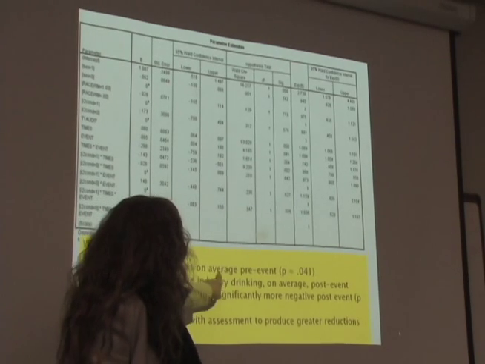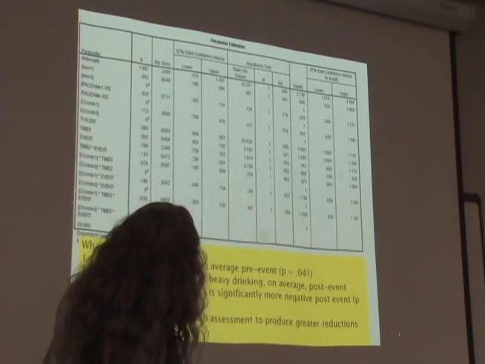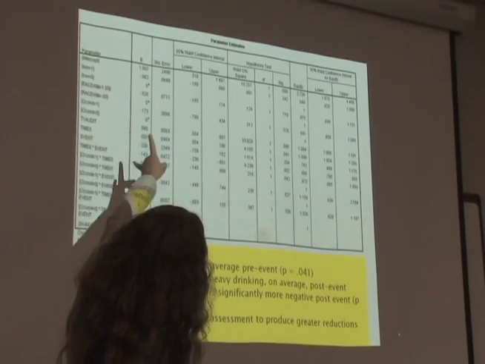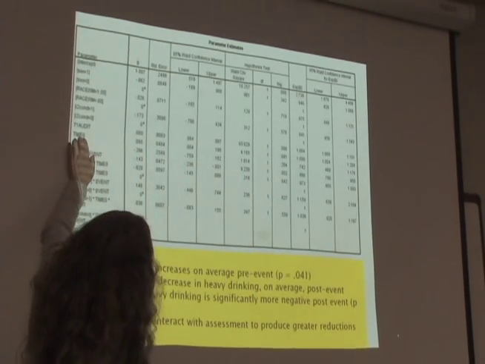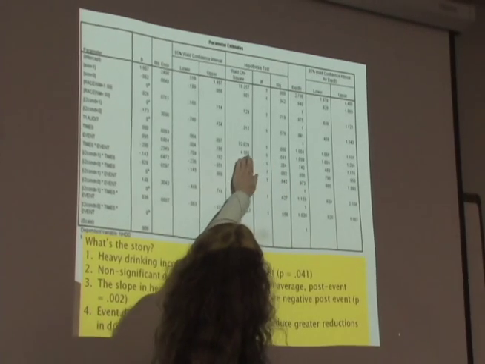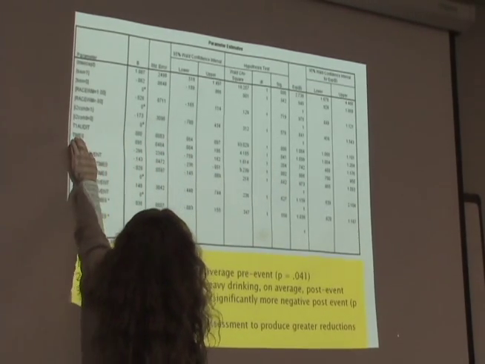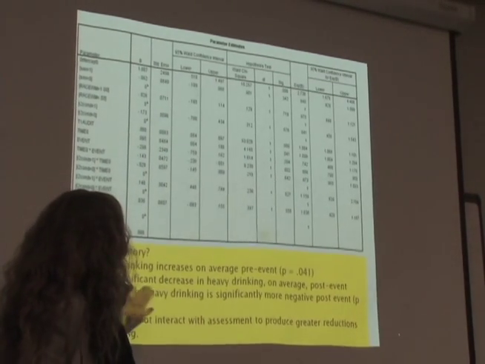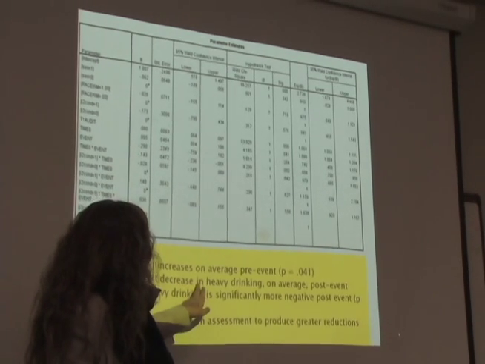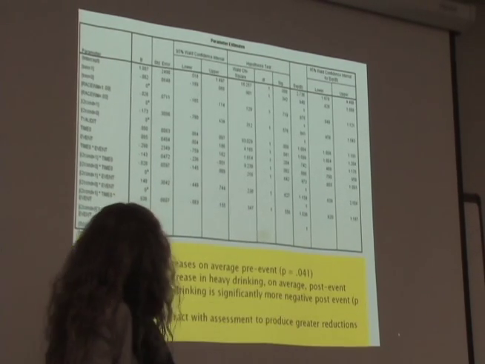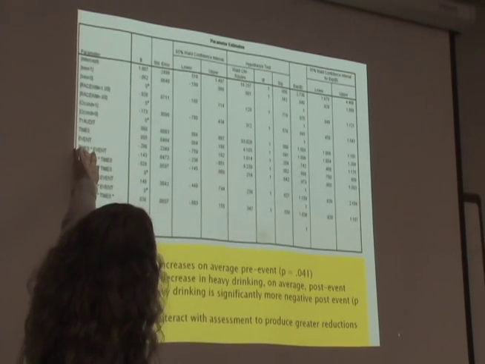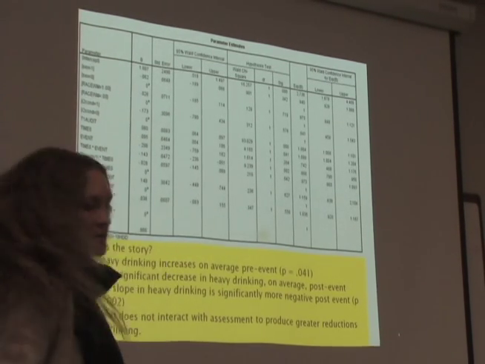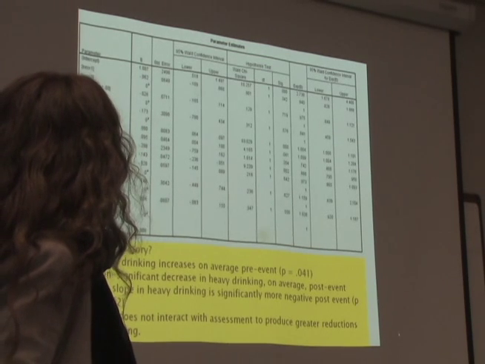Heavy drinking increases on average pre-event. So that is the event effect. Actually, not time effect here. There's a non-significant decrease in heavy drinking on average post-event. So that's the time by event interaction. Sorry, I'm having a hard time saying this.